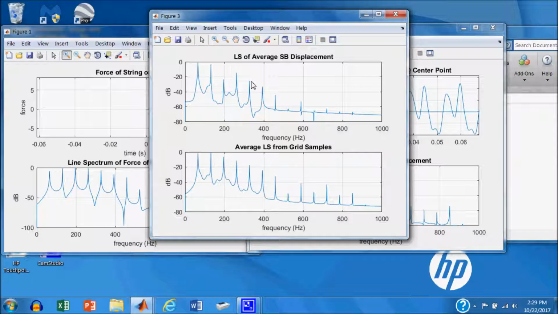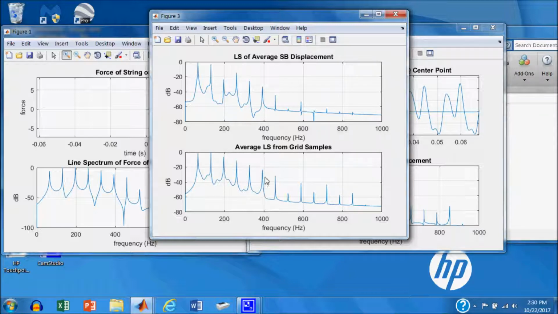This is especially a bad idea if you're going to look at the string and take the average string amplitude and keep track of that and take the line spectrum of that later on. It's quite bad because there'd be a lot of cancellations of especially the even harmonics. Same thing could probably happen here with the soundboard displacement.